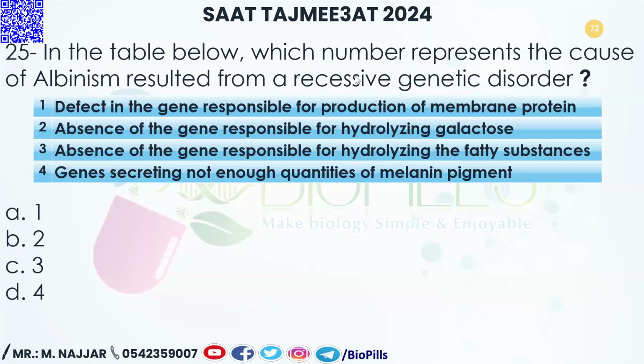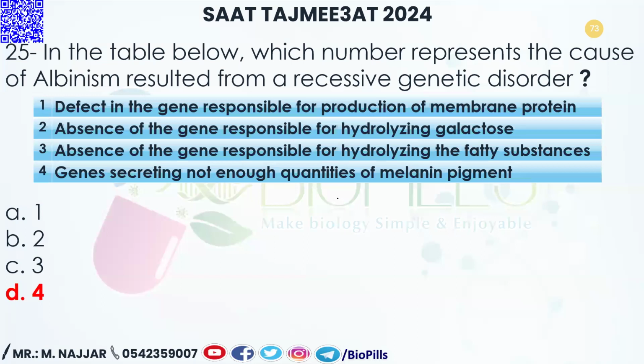So albinism is a disorder in which there is a defect in the gene responsible for the formation of the melanin pigment in the skin. So what is the answer? Not enough quantity. Yes, exactly. Yeah, it's D. Exactly, Jauhara, Rima, Lean.